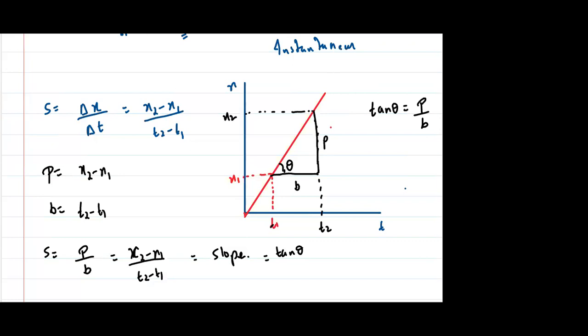Sir, I'm having doubt in theta and tan theta. Okay, see again, this is the notation. It is an operator which relates perpendicular and base. This is a whole chapter that we will study later. For now, just know that the angle between the hypotenuse and base is theta.